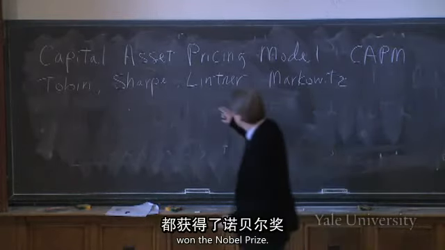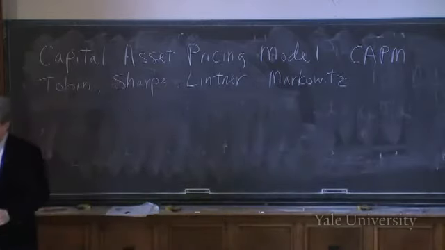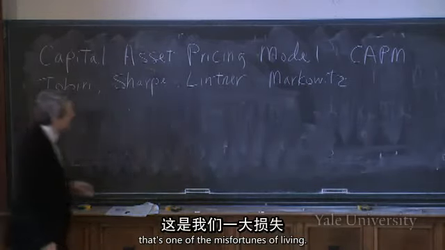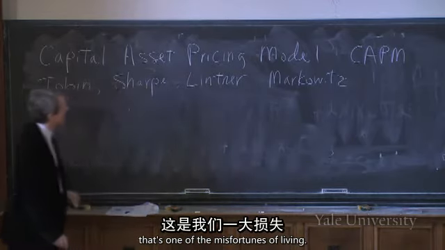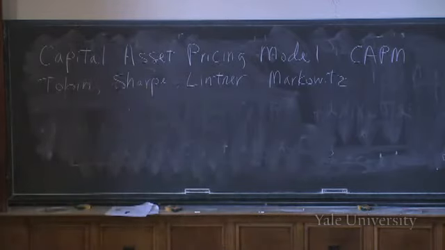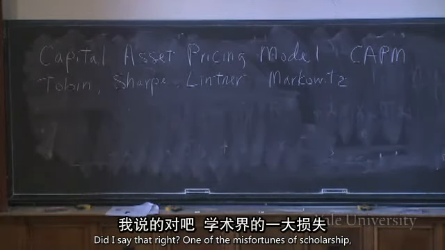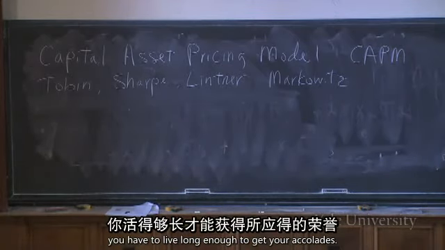Every one of these except Lintner, I think, won the Nobel Prize. Lintner didn't get it, did he? I think he died too young. That's one of the misfortunes of scholarship. You have to live long enough to get your accolades.